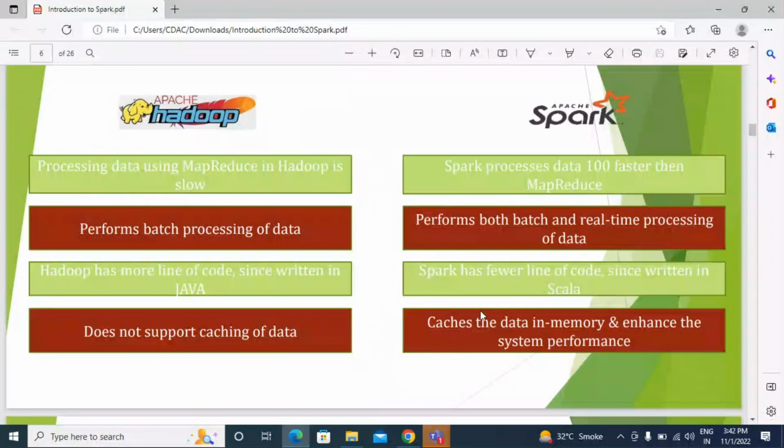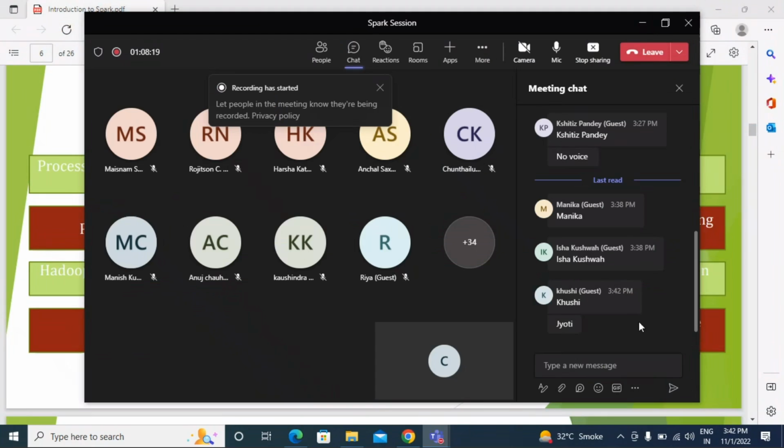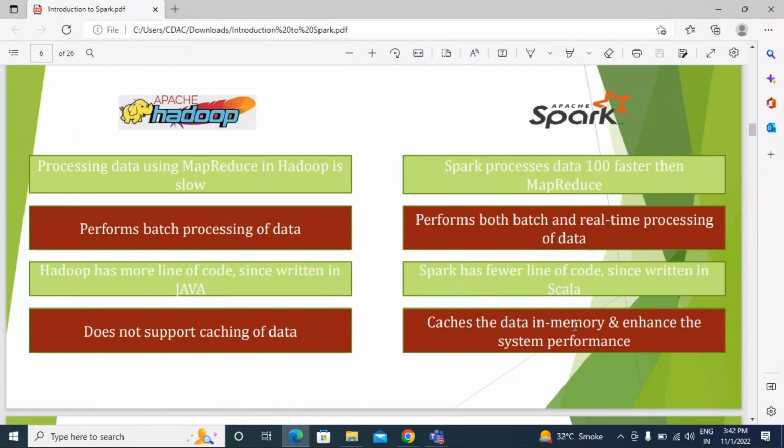But with respect to Spark, there are fewer lines of code. Why fewer lines of code?